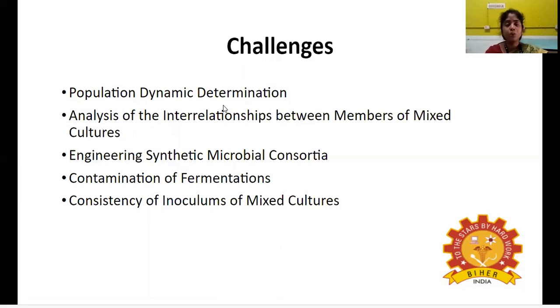As we are using two sources of organisms, of known or unknown species, or different species, the population size cannot be determined. So that is a challenge. Then there is how the interrelationship occurs between these two cultures. That is, which of the two organisms has a high impact on the production of a particular product by utilizing the substrate; that analysis has to be done.